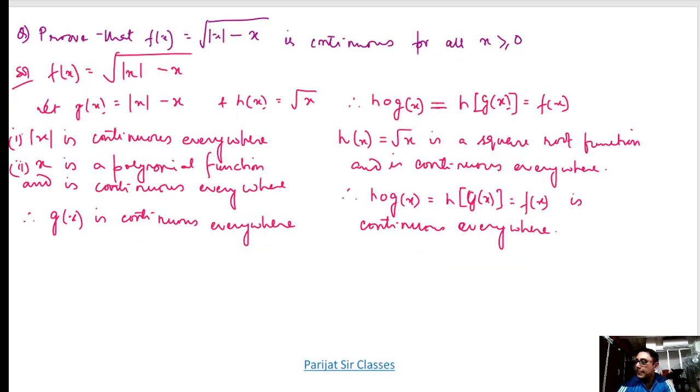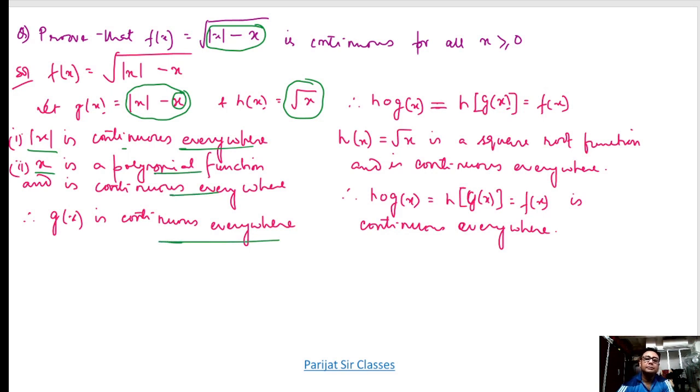Next, here they have given two functions. One is this function, which we call g(x), and one is a square root function, we call it h(x). Now in this part we have got two parts. One is a modulus function, which we know is continuous everywhere. Polynomial function is continuous everywhere, so g(x) is continuous everywhere.